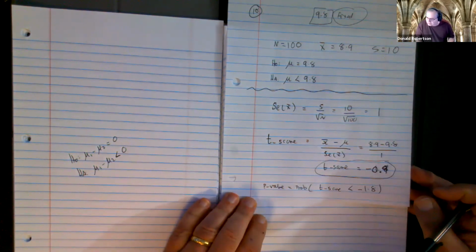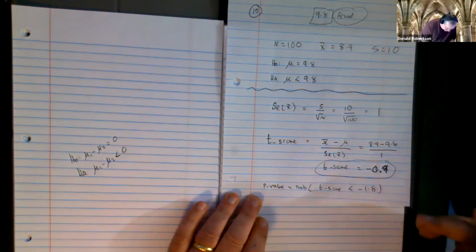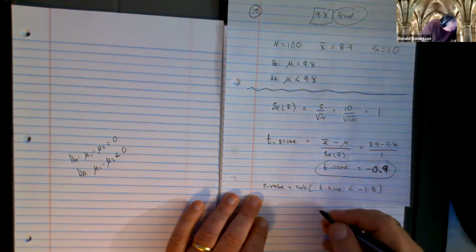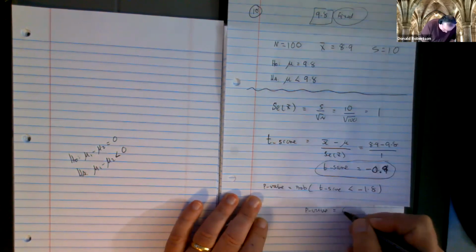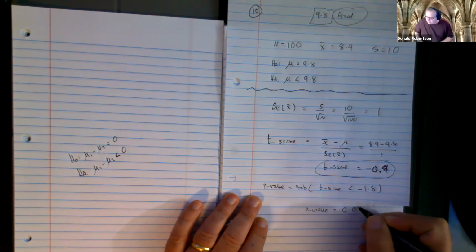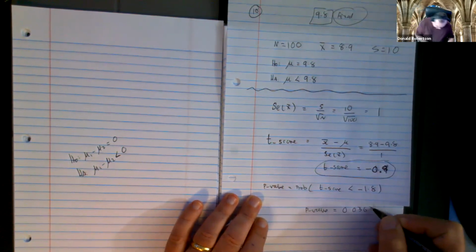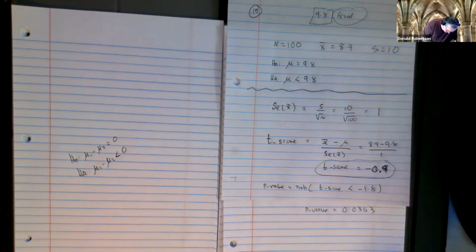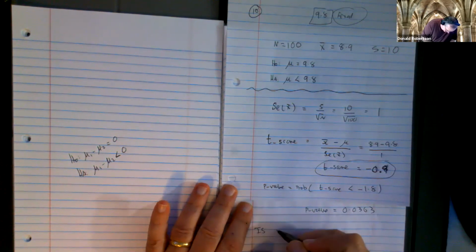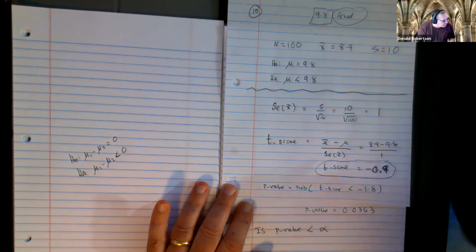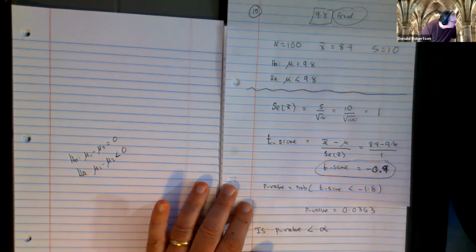Is that enough, or do I need to keep going? I'll tell you what their p-value is. And the p-value they got is 0.0363. Right, so if you did it, that's what you would get. Right, so to finish this question then, you ask yourself, is the p-value less than alpha? And now I have to go looking for where the alpha is.